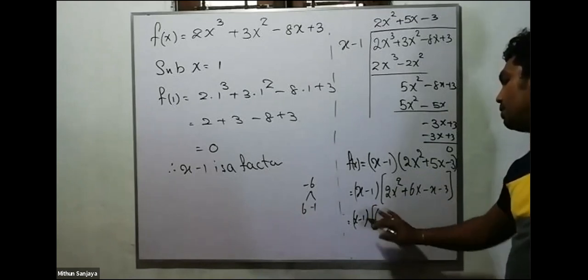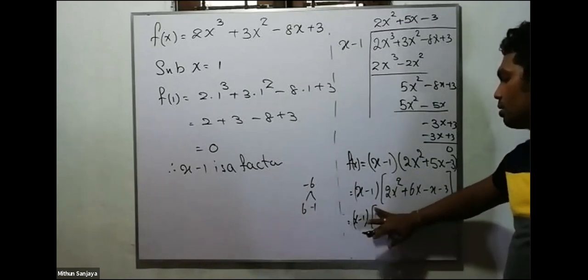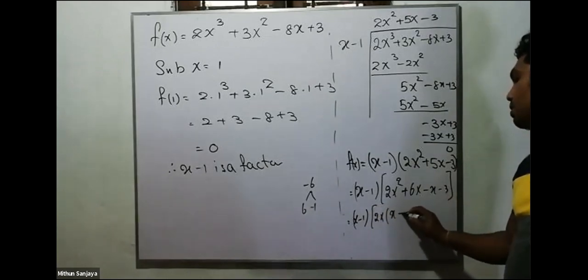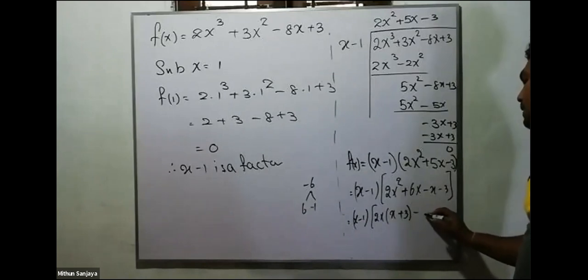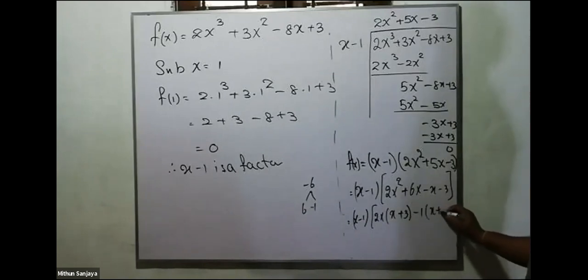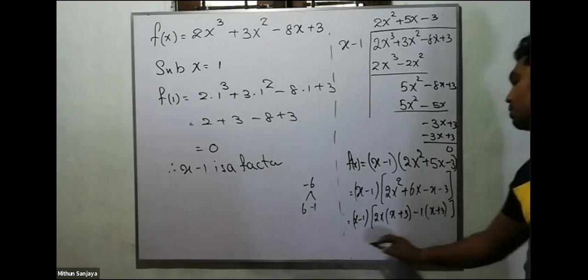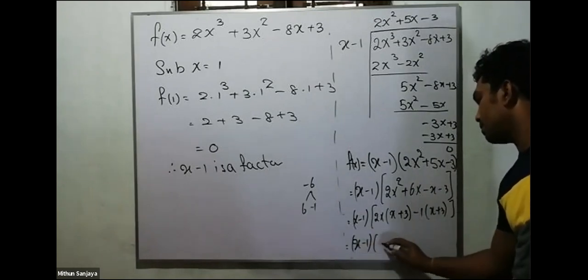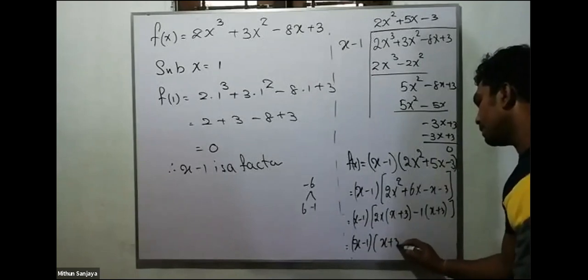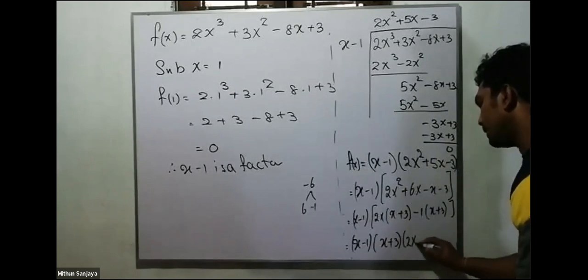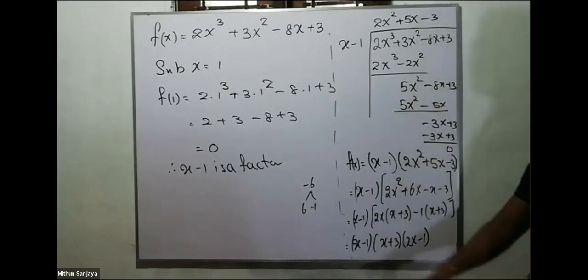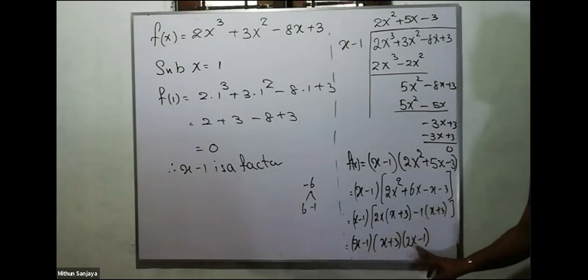Take out 2x from the first two terms: 2x(x + 3), and take out −1 from the rest: −1(x + 3). The factors are x − 1, x + 3 and 2x − 1. Now you can write the factors are x − 1, x + 3 and 2x − 1.